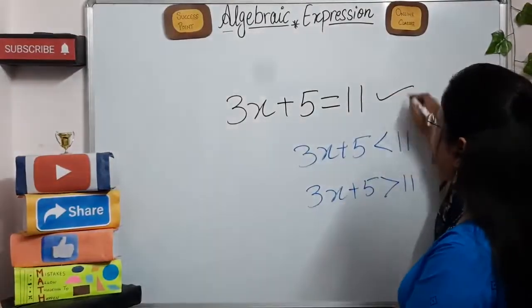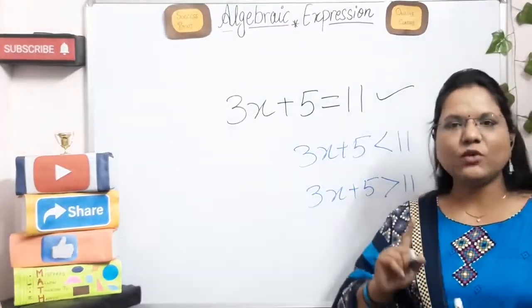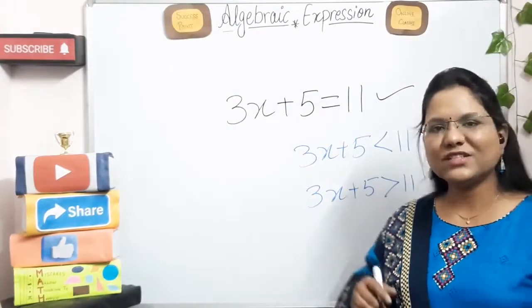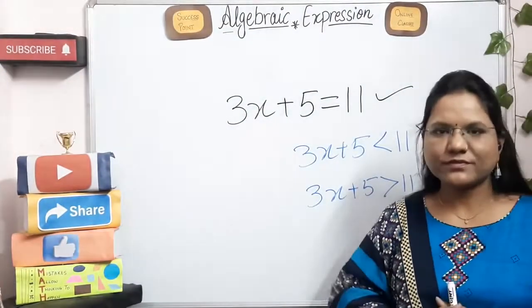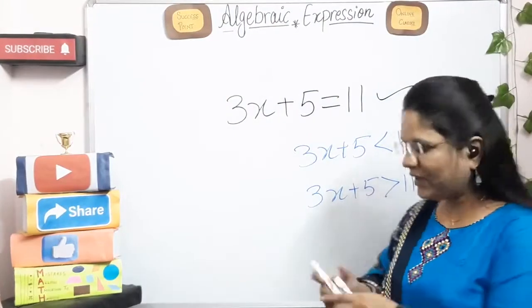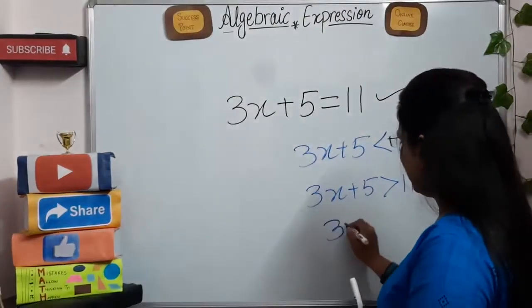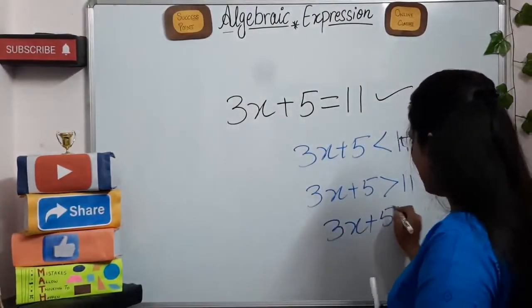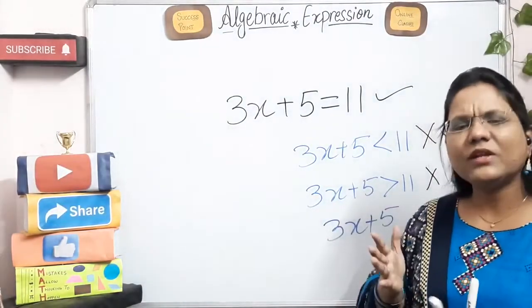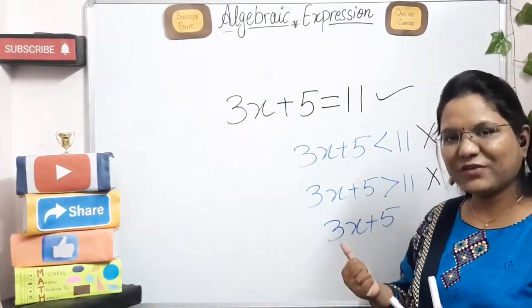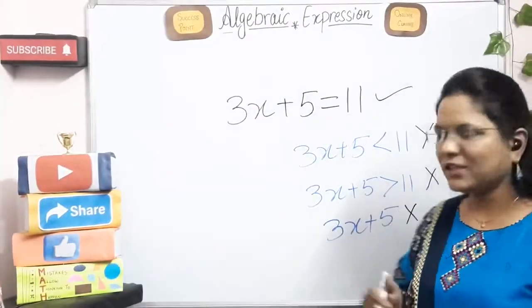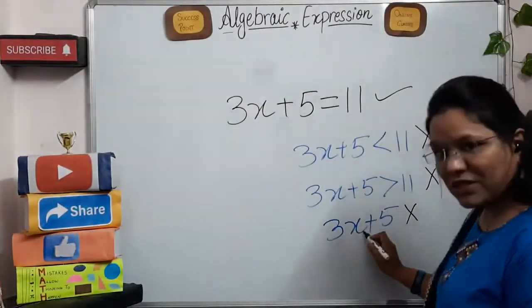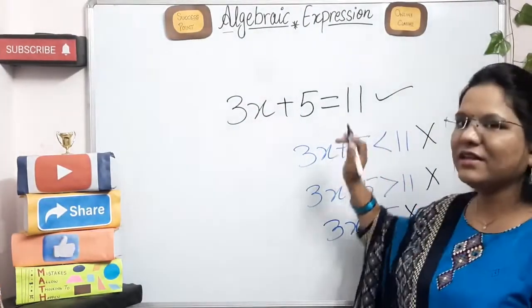Whenever you get an equals to sign, only then can we call it an equation. For greater or smaller signs, no. Now if you get only 3x plus 5 without any sign, can we call it an equation? No, it is not an equation. It is an expression.